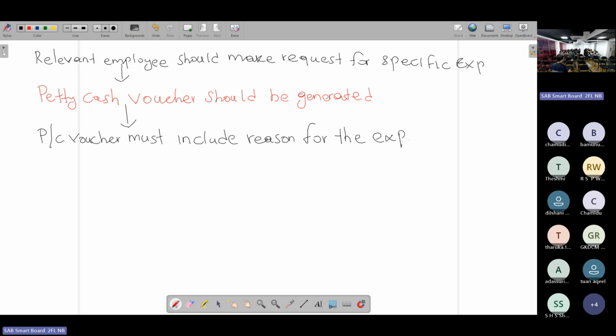Here reason means stationery expenses. That's why I have given the example also. In order to make stationery expenses, we need 500 rupees.